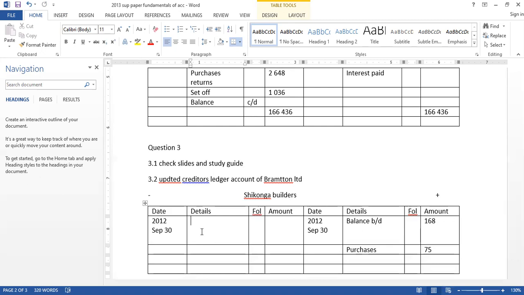Okay, now we have $96 of purchases returns, but they recorded 69. Okay, so let's look at the additional information. Oh, sorry.